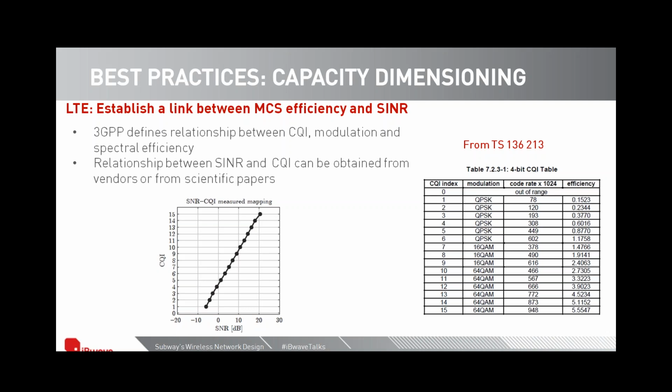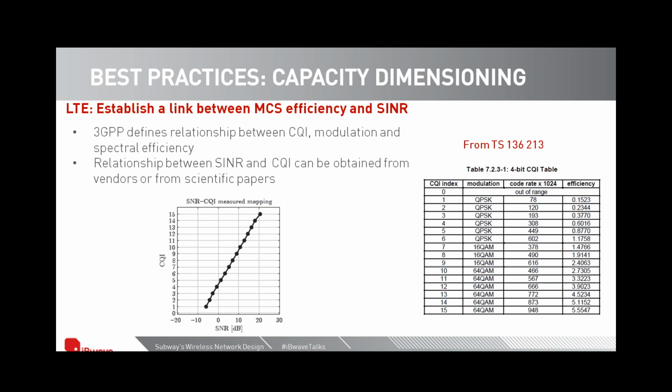This table does not really tell you how SINR fits into this, but the relationship between SINR and CQI can be obtained from vendors or from scientific papers. The table that you see here is something that we have taken from a scientific paper, showing the relationship between SINR and CQI.